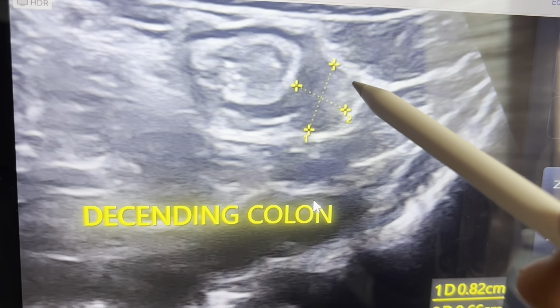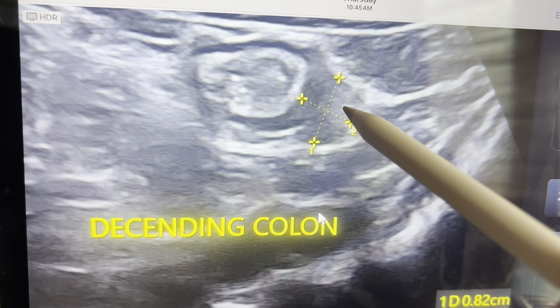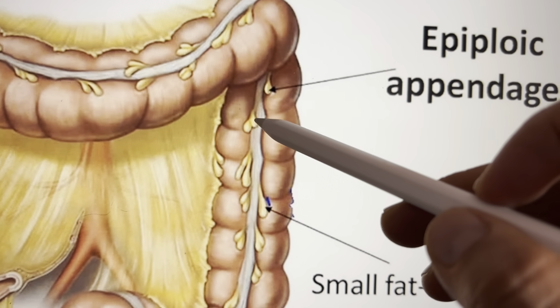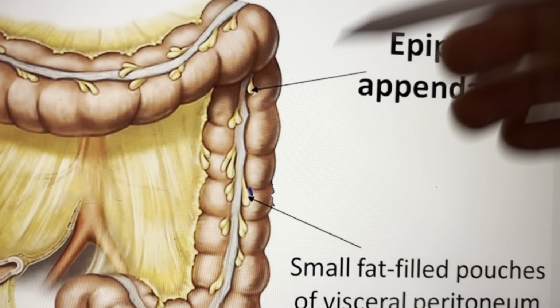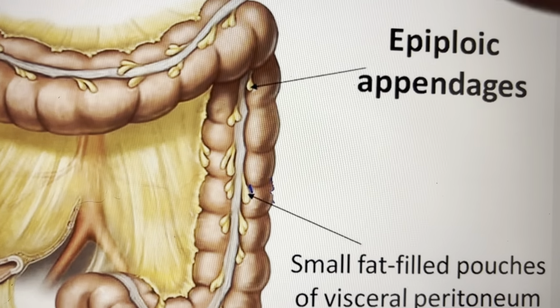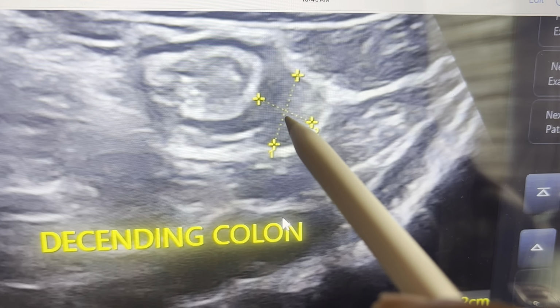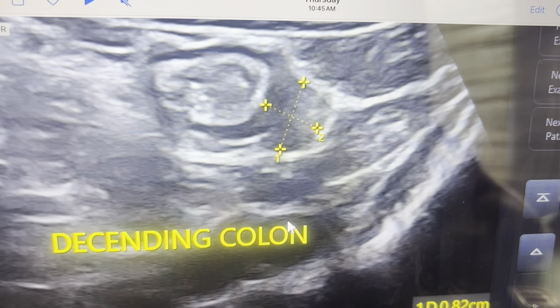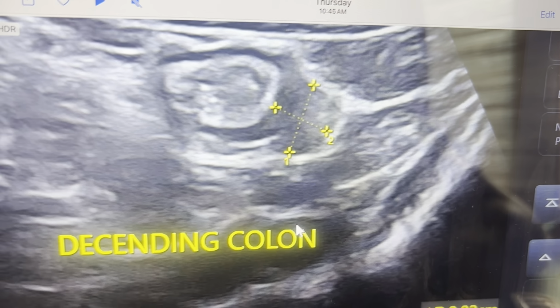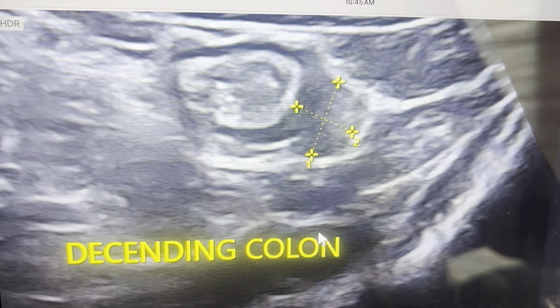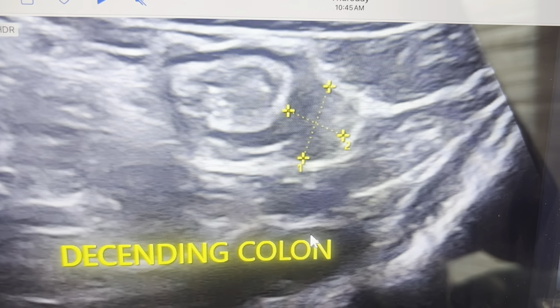So this round to oval polypoid mass is homogeneous, and if we assume that we cut this fat droplet, then this fat is also homogeneous. So this polypoid mass in the periphery of the descending colon is called the epiploic appendage, and when this mass gets inflamed, we say it is epiploic appendicitis.